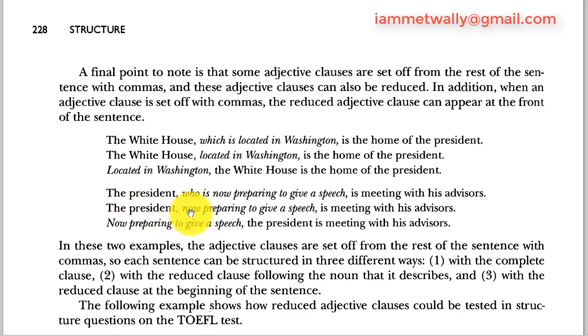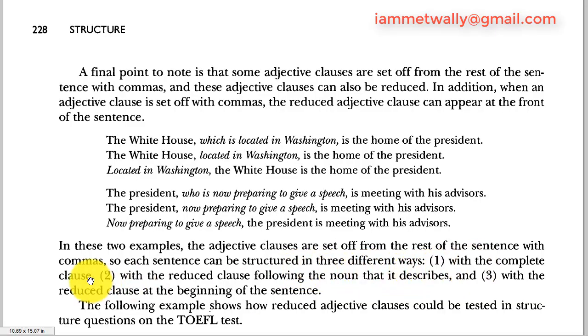At the beginning, you reduce the connector and the verb to be, of course. After that, you change this reduced form and put it at the beginning because it was originally set off with commas. So in these two examples, the adjective clauses are set off from the rest of the sentence with commas, so each sentence can be structured in three different ways. 1.